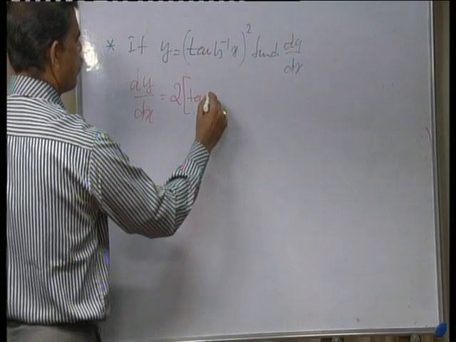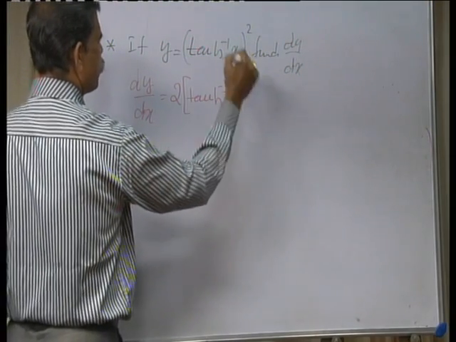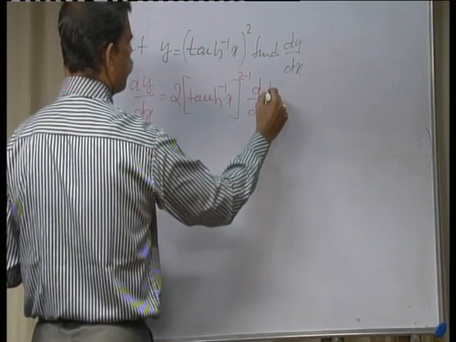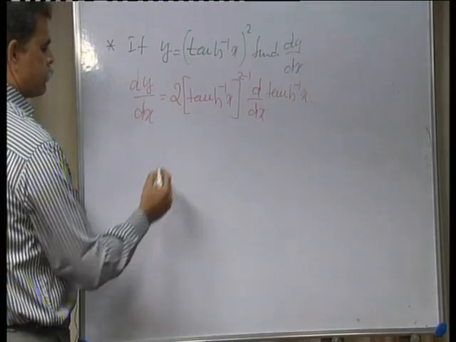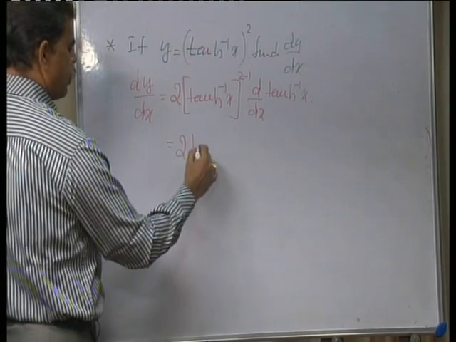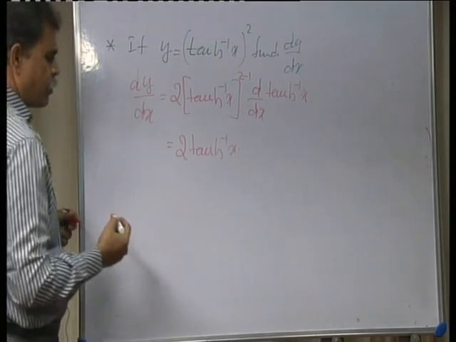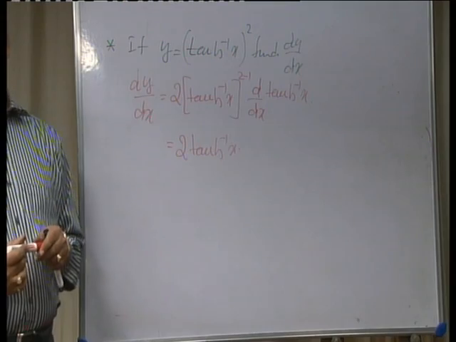What is the function? Tanh inverse x to the power of 2 minus 1 into d by dx of tanh inverse x. This is 2 tanh inverse x into differentiation of tanh inverse x. The derivative of tanh inverse x is what?